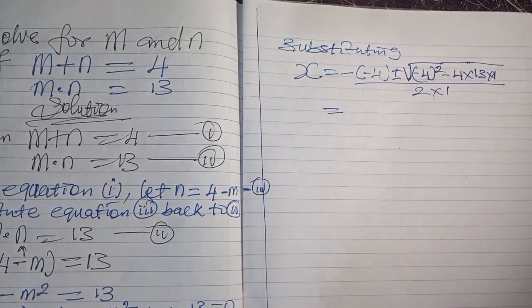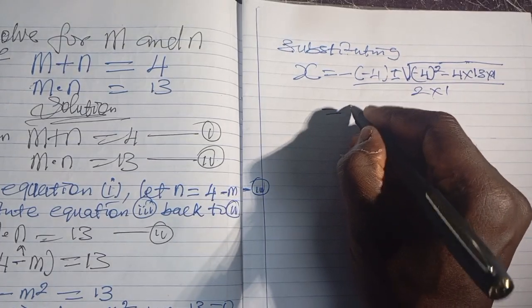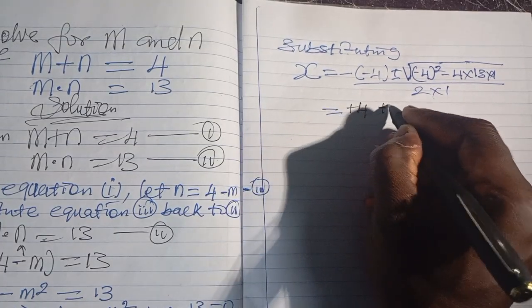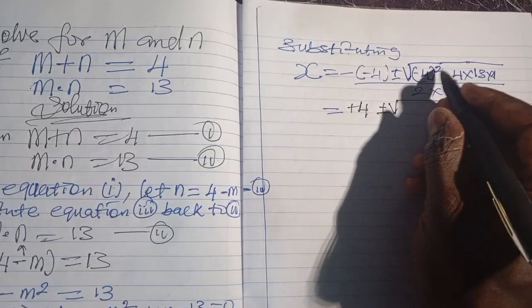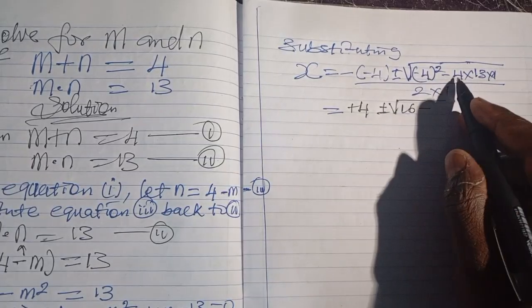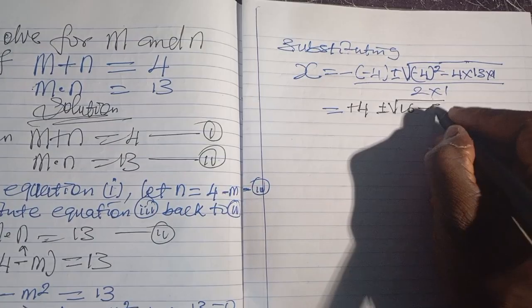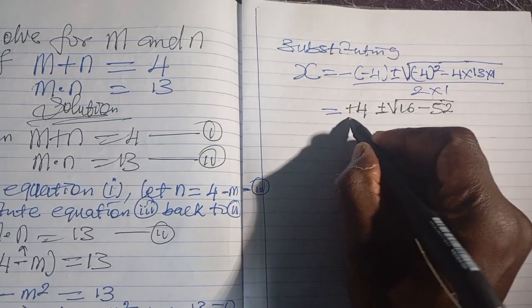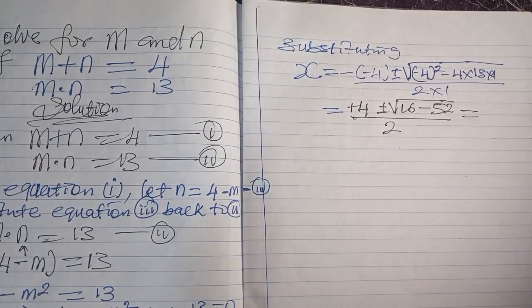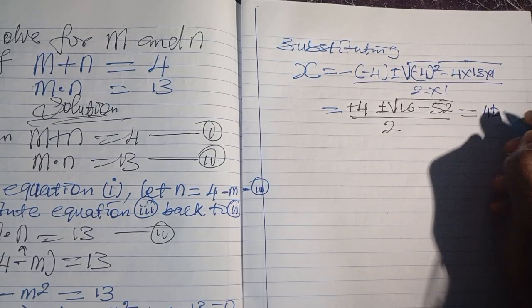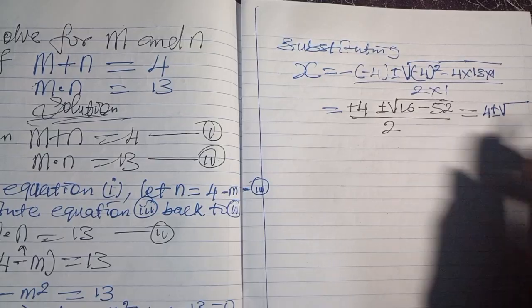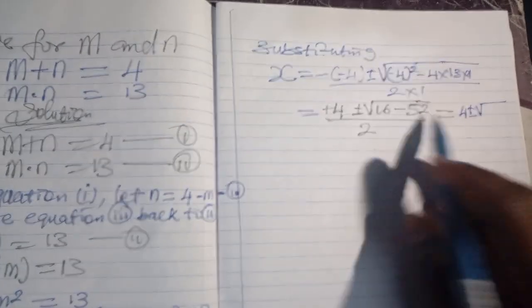This will give us minus is plus, so we have plus 4 here, plus or minus root of minus 4 raised to power 2. We have 16, minus 4 times 13 times 1, you have 52. Then all divided by 2. We can now have 4 plus or minus root of 16 minus 52, you have minus 36, all divided by 2.